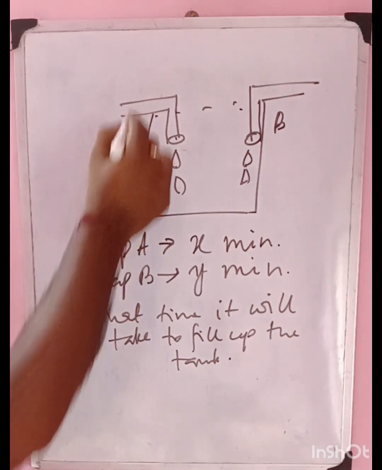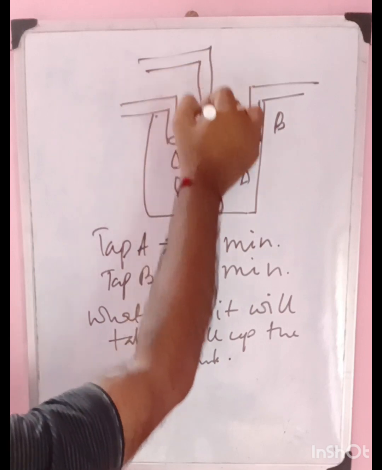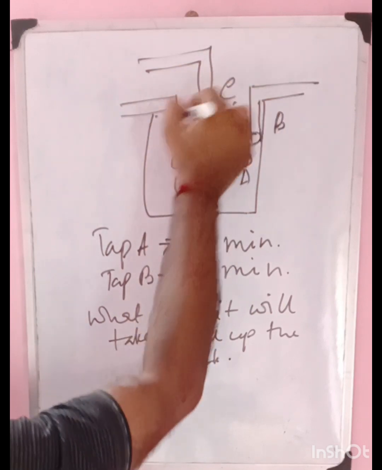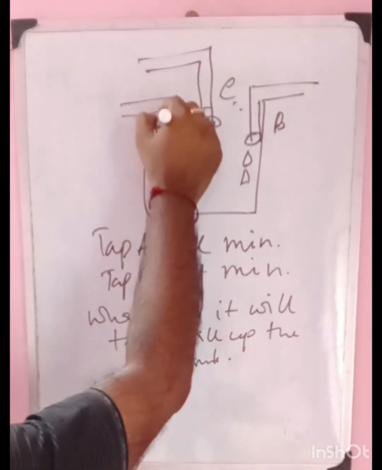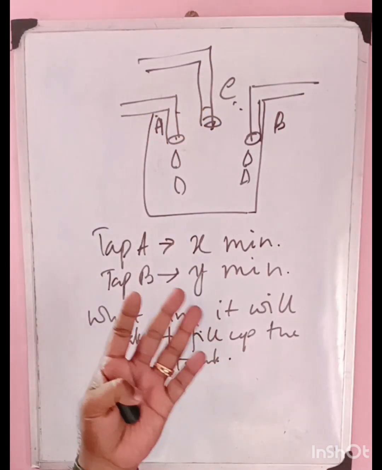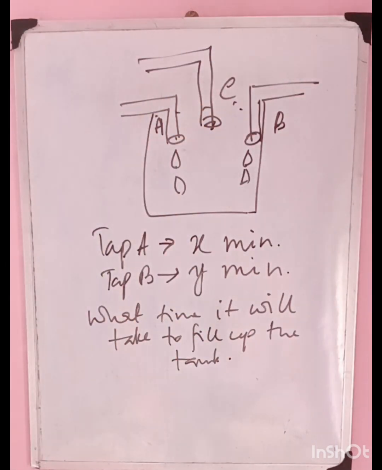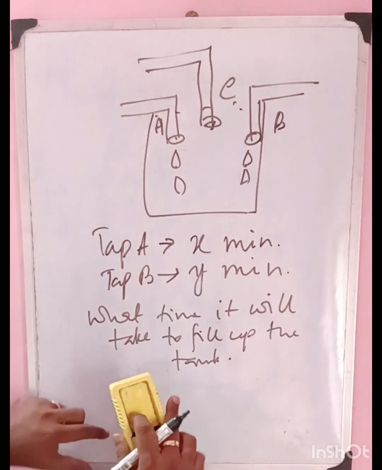You can add more taps again, tap C. The problem is similar and the process is also similar. Let us take one example.